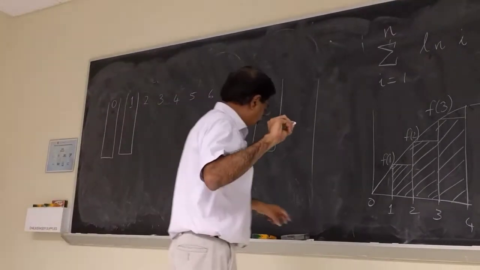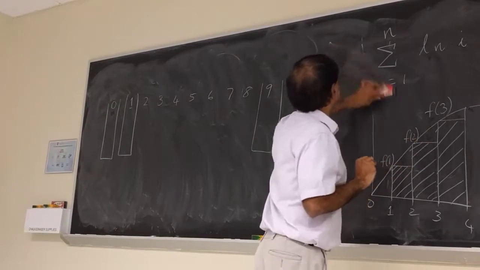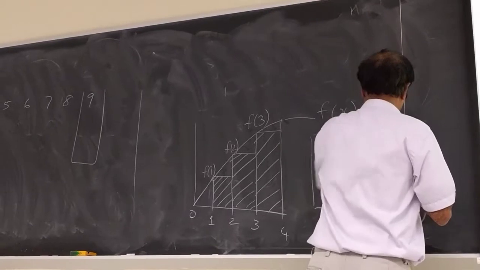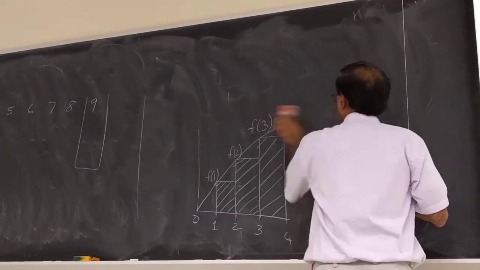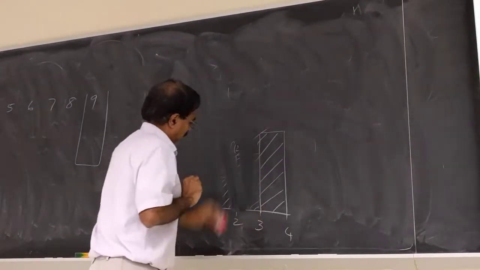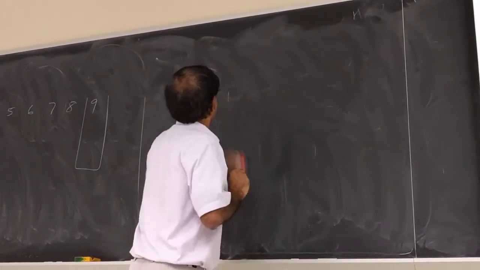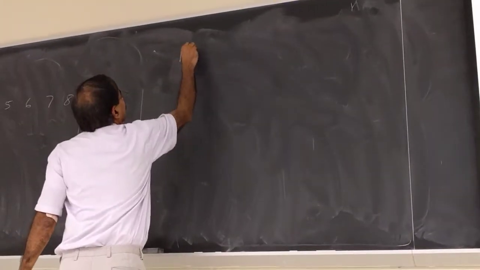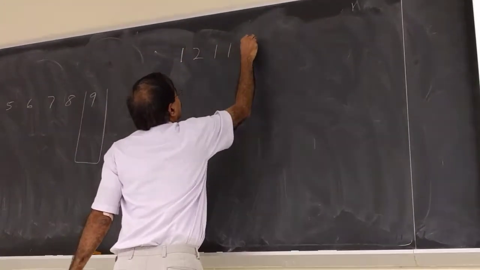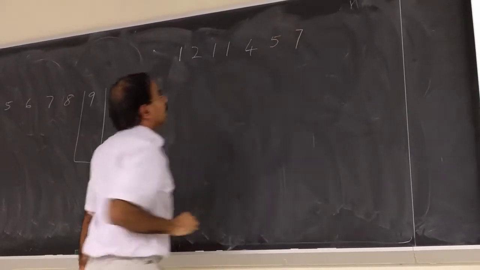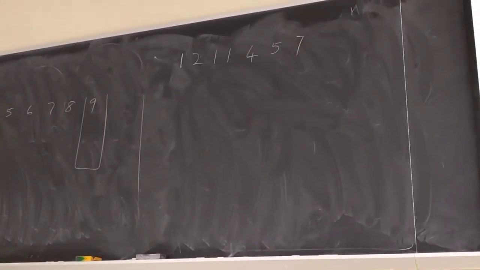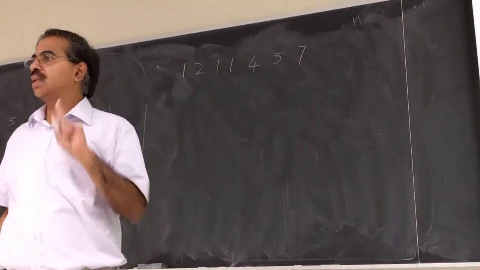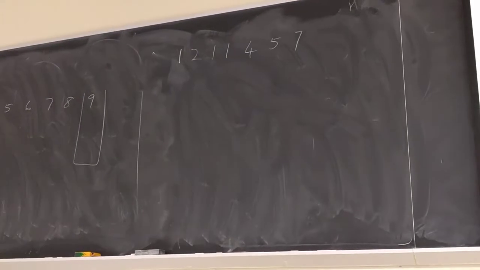So for instance, let's take a sequence that we want to sort. Let's say for the moment we are only dealing with numbers with single digits. Then we'll go to the numbers with multiple digits.